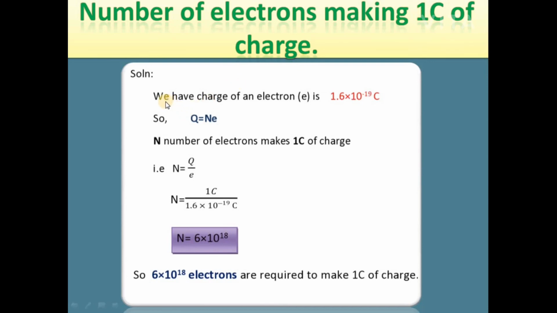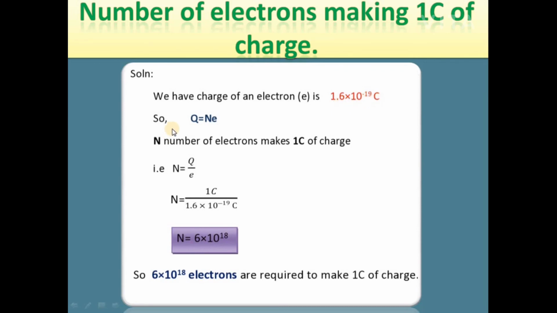We have the charge of an electron, e. Already you know in 8th standard, the charge of an electron e is 1.6 into 10 to the power of minus 19 coulomb.